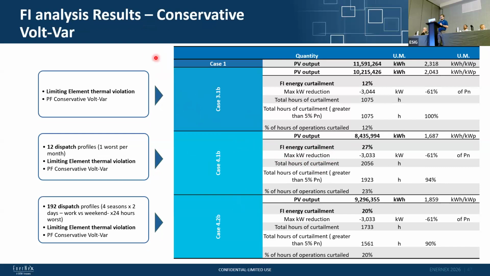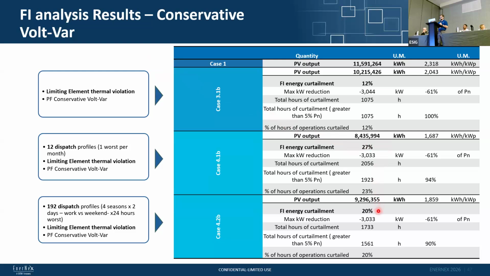And then the next case that I was mentioning is this conservative volt var, which is the most interesting one for this study because it reduced a lot of the voltage violations and thermal violations that the circuit would see. So you can see here, the monthly version gets this big curtailment.